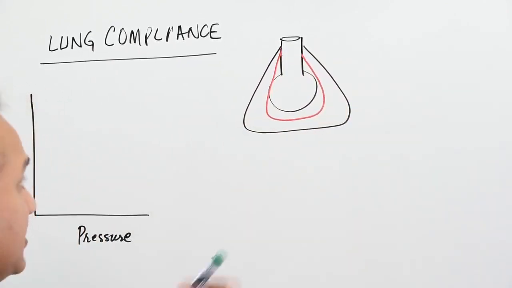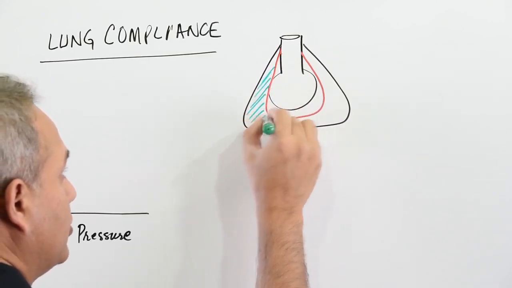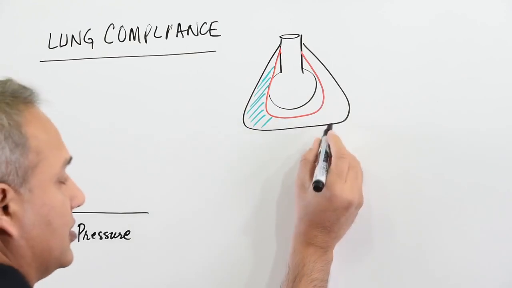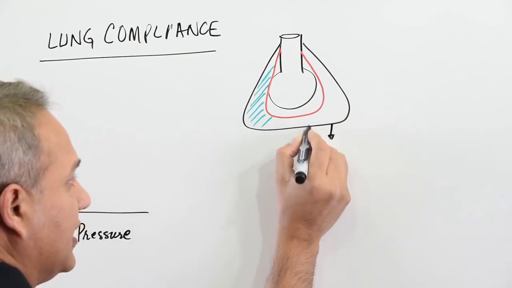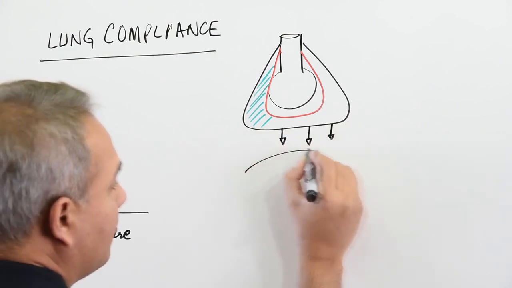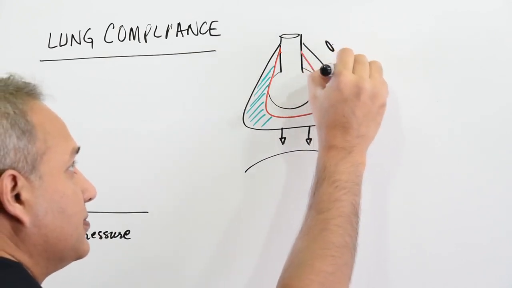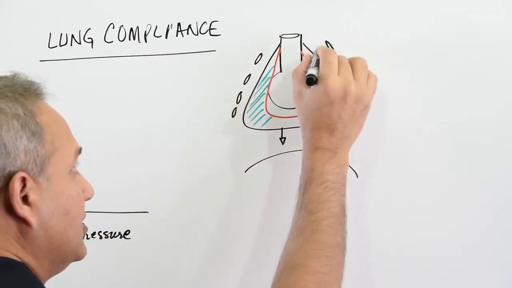This space is representing the pleura, and we know that the parietal pleura, the outer surface of the pleural cavity, is pulled outwards by the diaphragm on the lower side, and of course by the ribs and the chest cage from the sides.